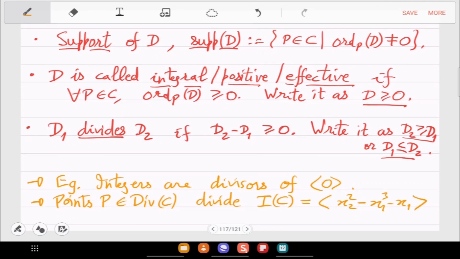Remember, these points are prime ideals. So what we are saying is that these prime ideals in the divisor divide the ideal which defines the curve. So in that sense, we can call it a divisor. At least for the points which are primes, we can see this as the physical interpretation of the term divisor.